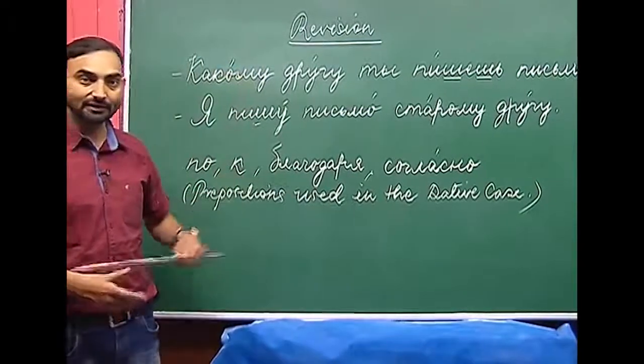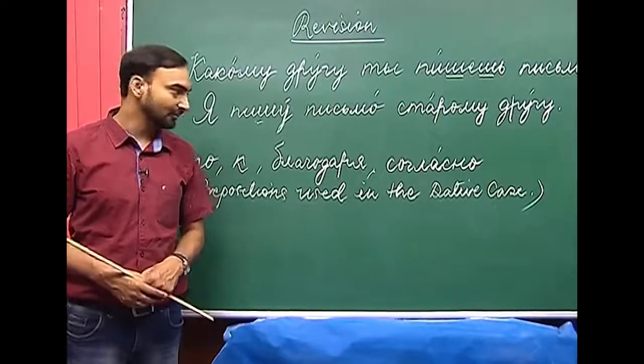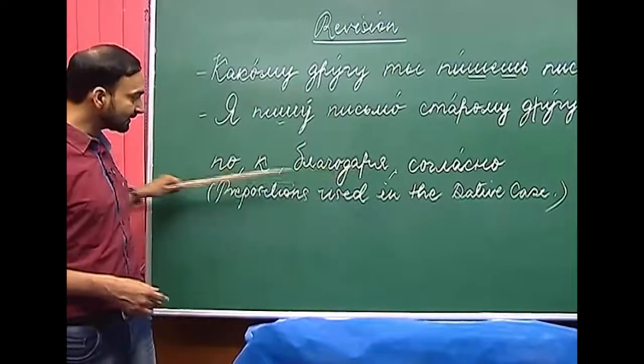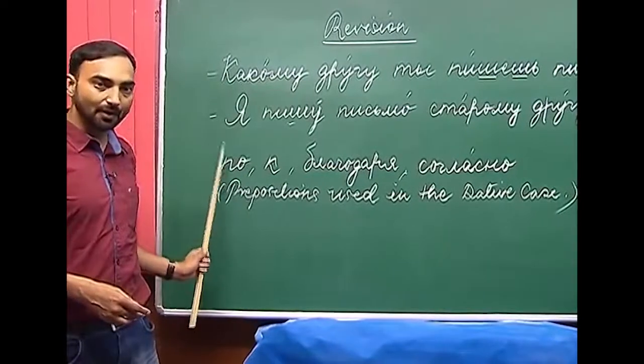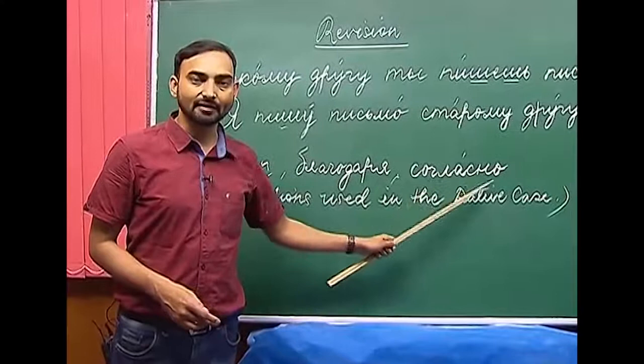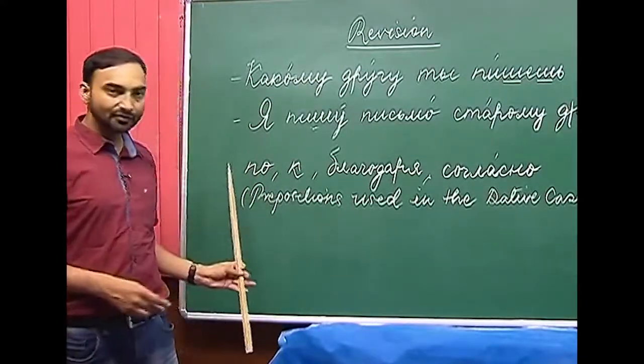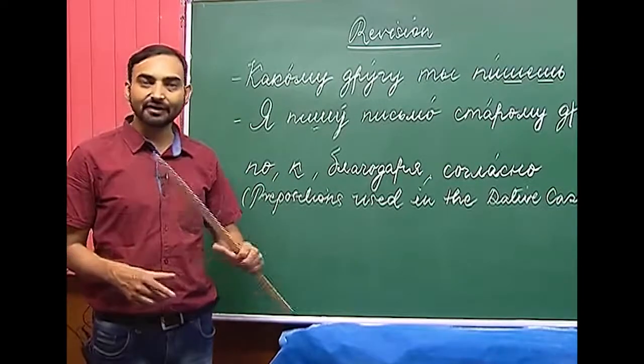We had also learnt the prepositions which are used in the dative case, and we have discussed the prepositions per, ka, blagodaria and saglasna. Per has different meanings. Per denotes the movement in different directions.